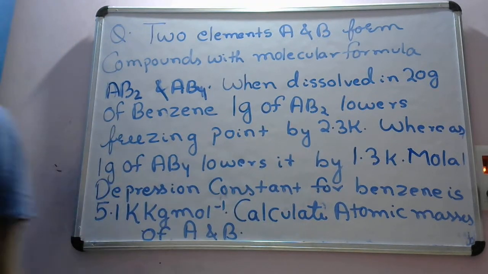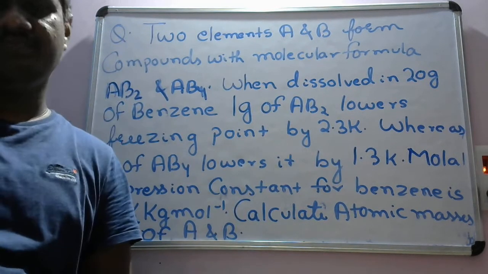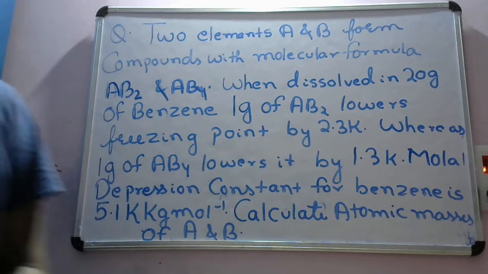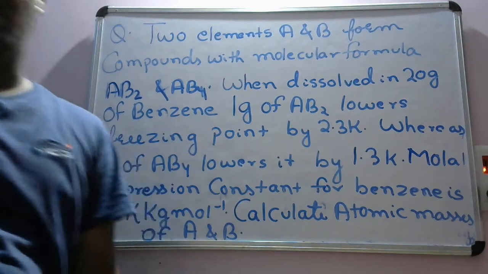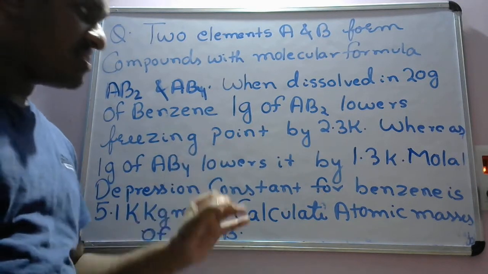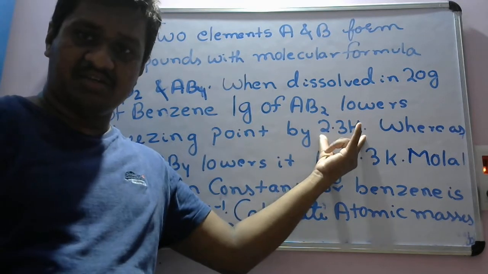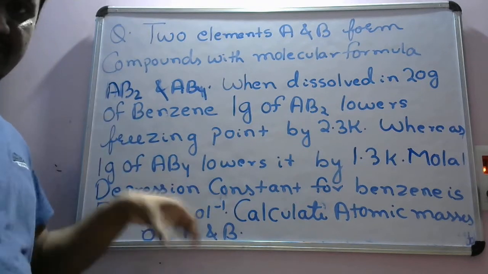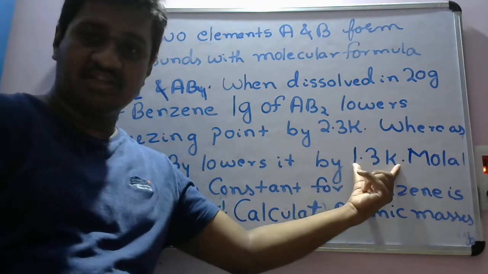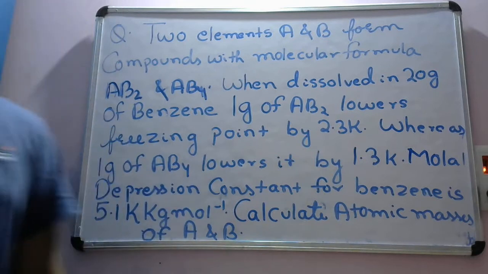So two different cases, common solvent benzene, but two different solutes, AB2 and AB4, each with its own depression in freezing point.